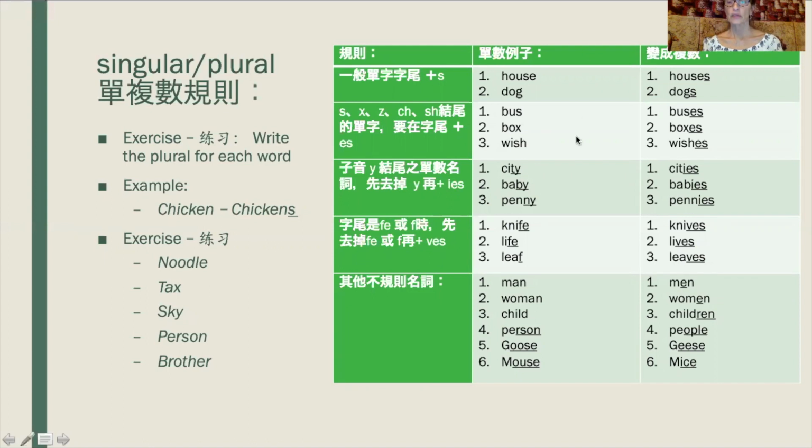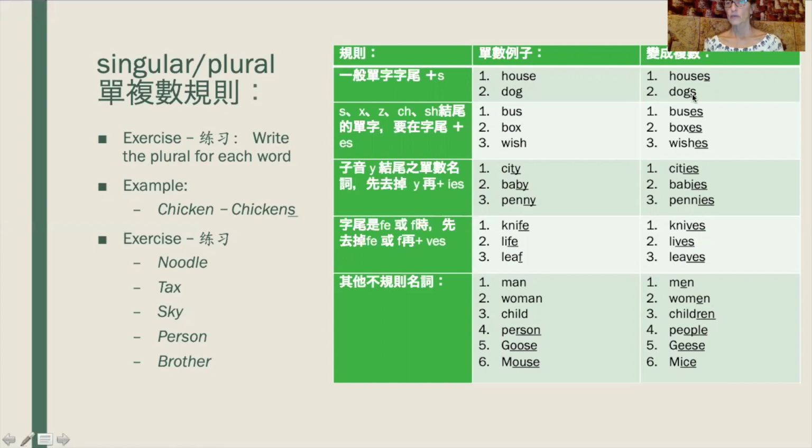So here in these cases, usually, in most cases, normally, 一般单词, you just add the S. A house, you just add an S here to make it more than one house, houses.